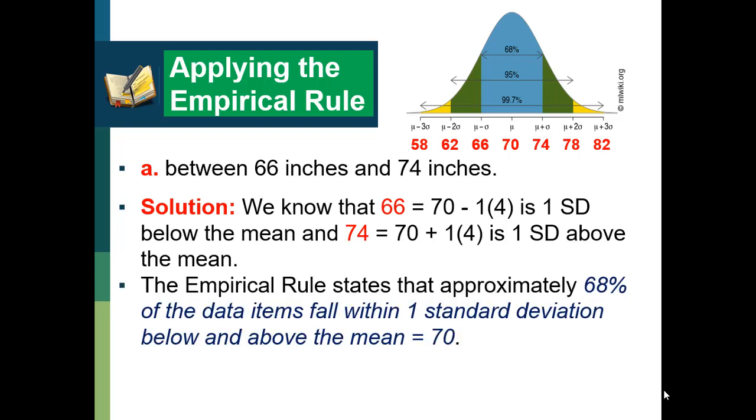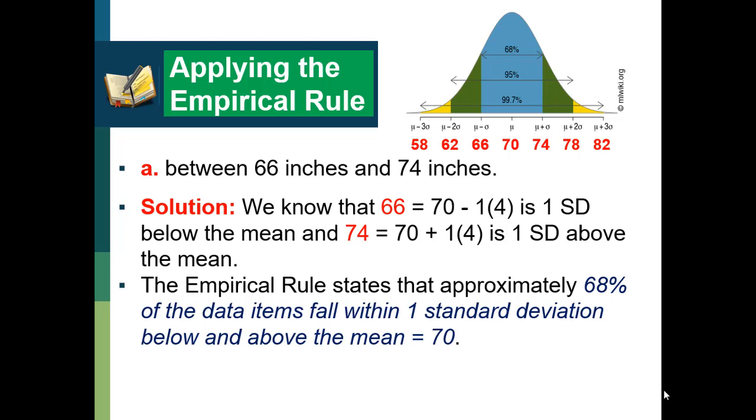Using the empirical rule, 68% of the data items fall within 1 standard deviation below and above the mean 70. And you can see it in the figure, because from 66 to 74, the area there is 68%.